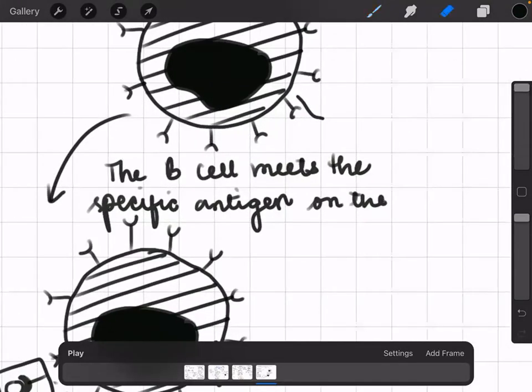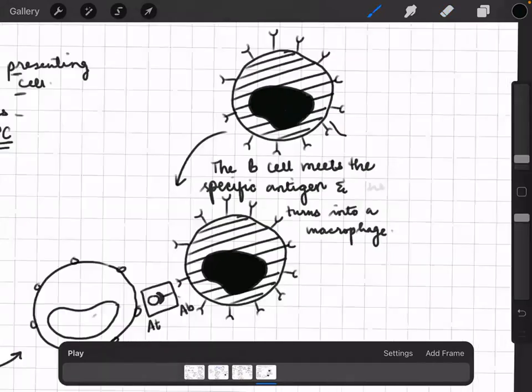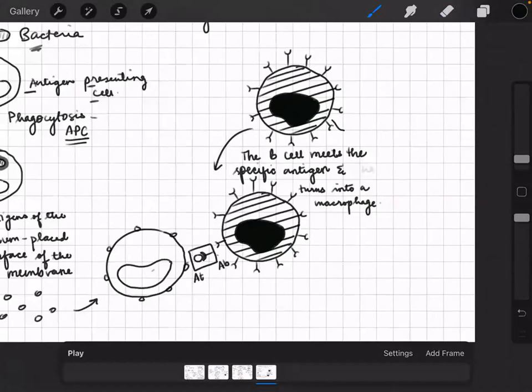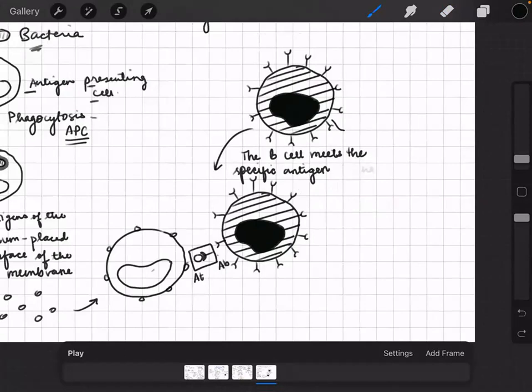So I'm going to write the antigen. Now, either this can turn into a macrophage and eat it, or you can say that it is just simply going to go ahead and kill these antigens. Okay, there are different ways that can happen.